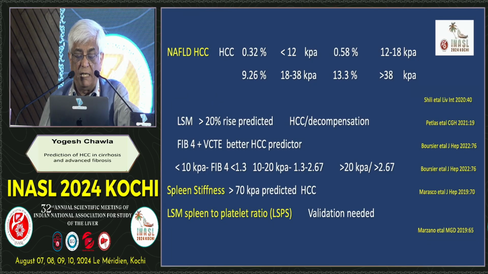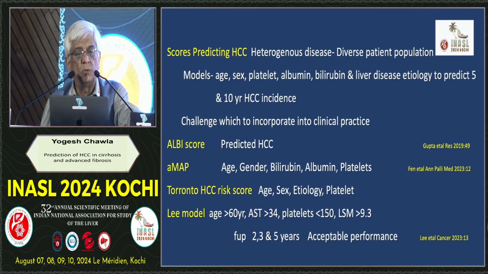Dynamic values of FibroScan show that a 20% increase predicted development of HCC and decompensation. There are also some studies indicating that splenic stiffness of more than 70 kilopascals predicted HCC, and so did the LSM spleen to platelet ratio. Again, one study has shown that it is a good tool.